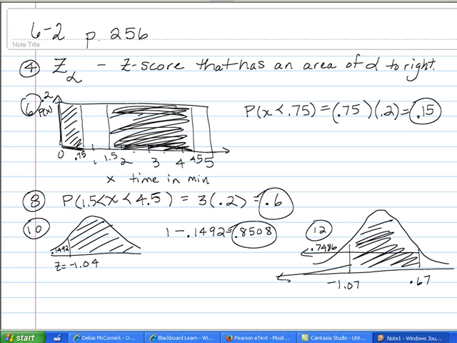So we need to take 0.7486 minus 0.1423, and I'm getting 0.6063.